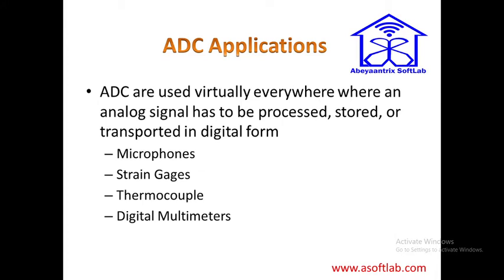For converting analog to digital in mobile phones, we use microphones, which convert the speech signal into an electric signal. Like that, we have the strain gauge, the thermocouple, and the digital multimeter, which give digital information based on the analog quantity. These are some of the applications of ADCs.